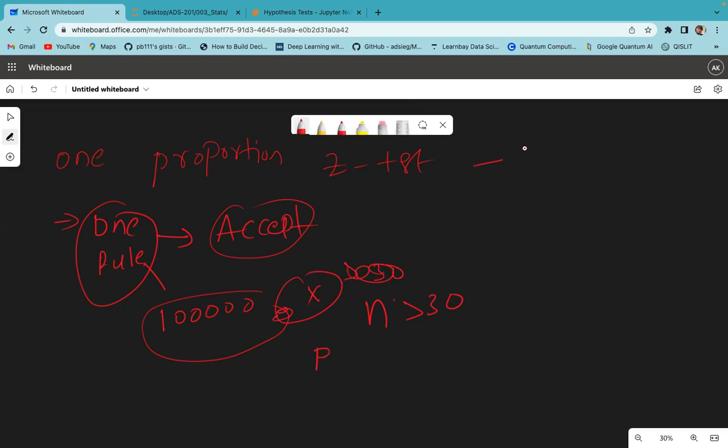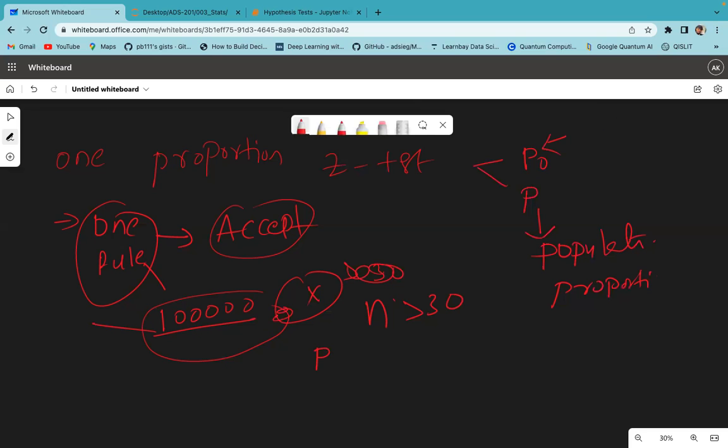We should remember two values, p naught and p. The p value is your population proportion. So here we have 1,000 people, and this is your population proportion. And p naught is your hypothesized population proportion.